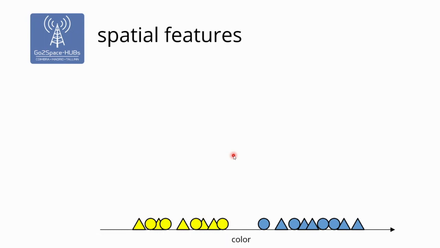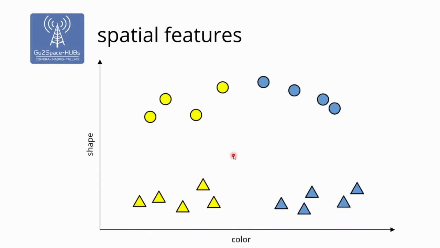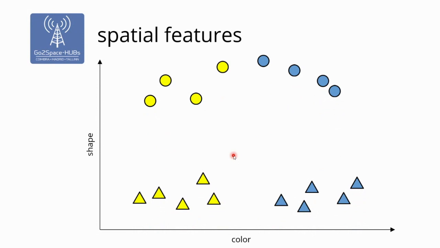But if we want 4 classes like yellow circles, yellow triangles, blue circles, blue triangles, we need to introduce another feature, one of the spatial features, like shape. And using shape together with the color, with the spectral features, we can divide the space into 4 classes.